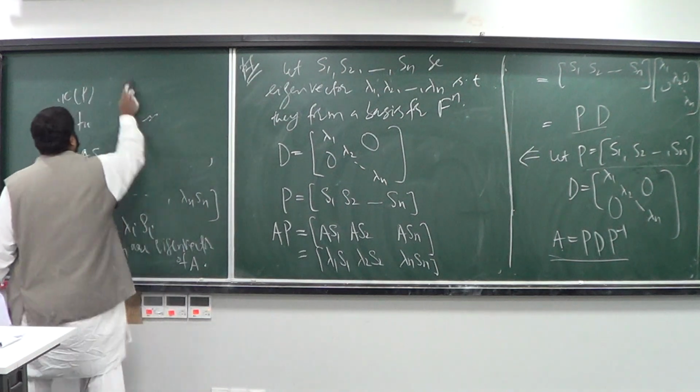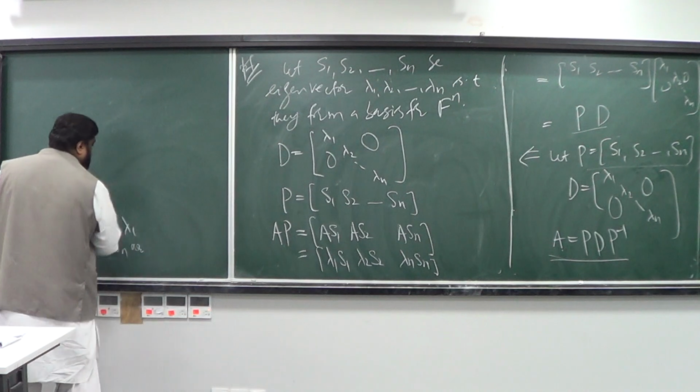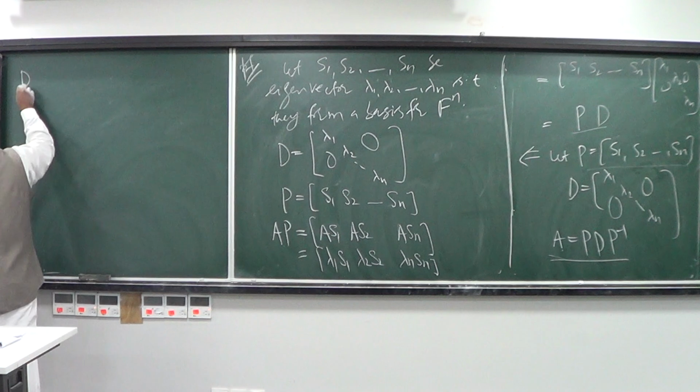I'm going to be a bit more precise now. Let's define what we mean by diagonalizing a matrix. So let's put a definition.